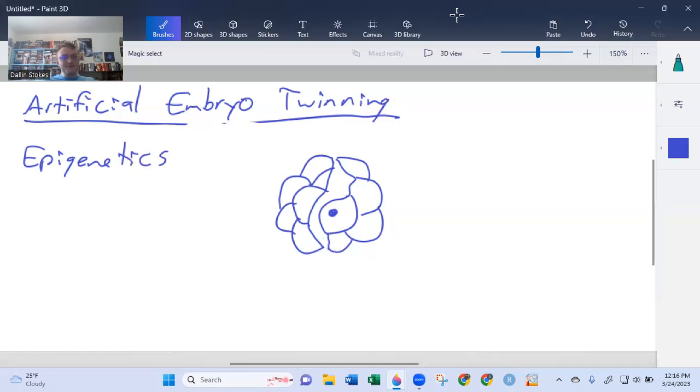We've learned over the past several weeks that your DNA, your genes, determine how you turn out, right? Your genotype determines your phenotype. That's not 100% true. It turns out that we've been discovering recently that there is this whole other level of regulation called epigenetics.